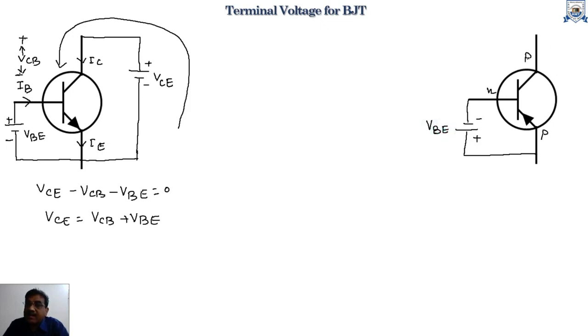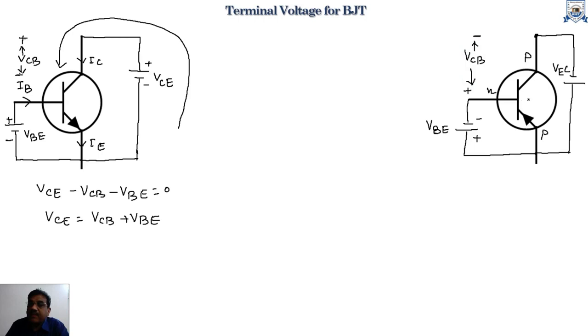Since the collector side is made of p-type material, it is connected to the negative potential of the battery, and the emitter side is connected to the positive potential of the battery by the voltage source VEC. This terminal is the collector terminal connected to the negative potential of the battery, and this is connected to the positive potential, and the voltage drop across the collector is designated as VCB.